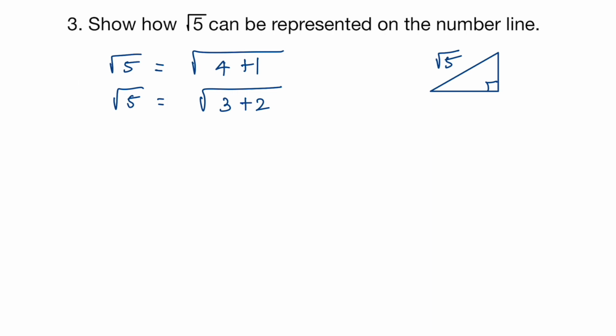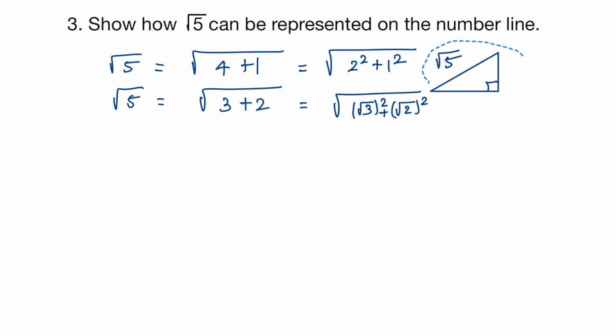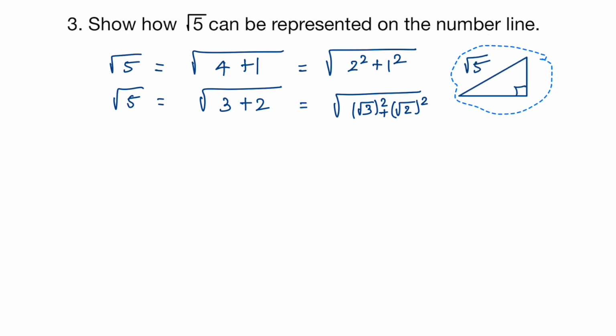Now if you express it in the Pythagoras formula itself, how would it be? It would be 2 squared plus 1 squared in case of 4 and 1, and it would be root 3 squared plus root 2 squared in case of 3 plus 2. We need these to draw this triangle, and only then we will be able to get the hypotenuse.